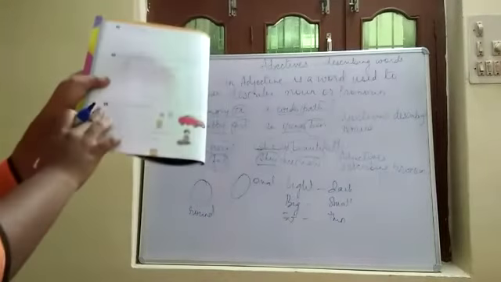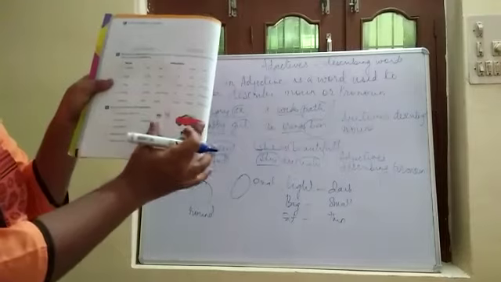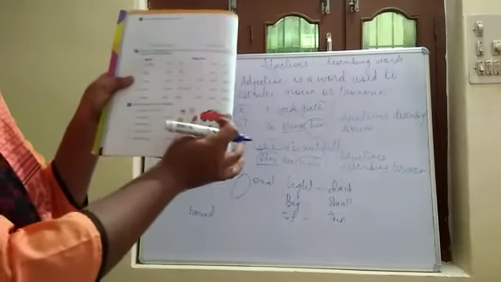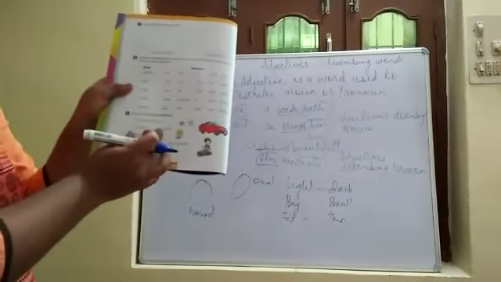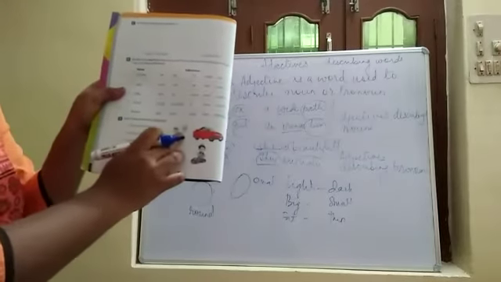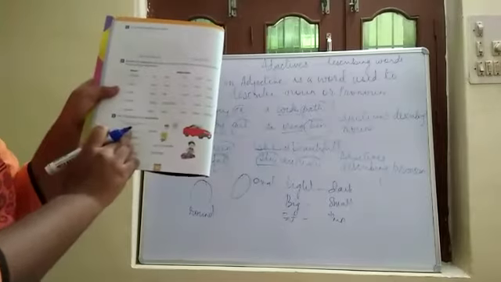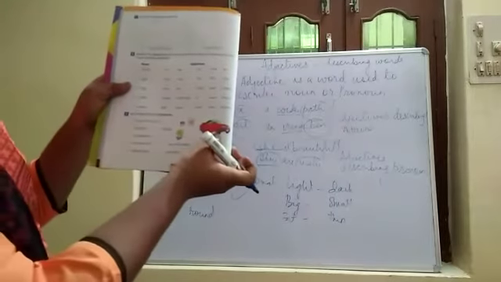Now, coming to exercise E. Here, on the right hand side, the pictures have been given and you have to see the picture and fill in the blanks. Okay, tea is hot but ice is cold. You have to give the opposites sometimes. A car has dash wheels. What wheels does it have? Round wheels.